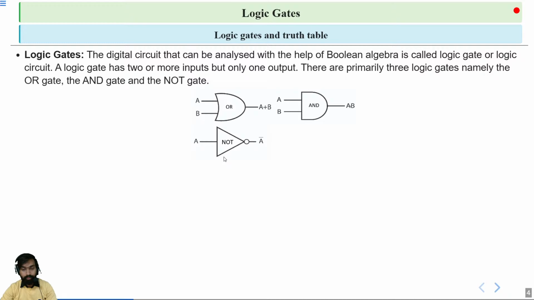Now we will see Boolean expressions. Each gate corresponds to a Boolean expression. For the OR gate, it will be y equal to a plus b. For the AND gate, y equal to a dot b. And for the NOT gate, y equal to a bar.